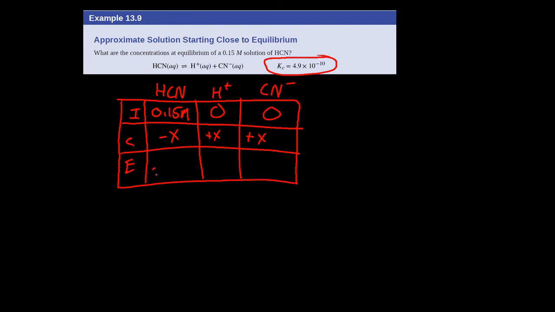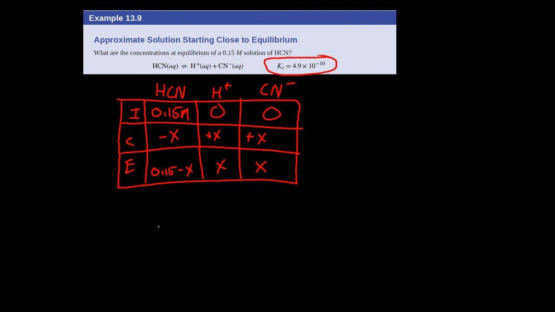And so we will end up with 0.15 minus X, X, and X. I'm going to tell you right now, we're using the X is small assumption, and it's going to be perfectly legitimate to use, because that is a minuscule K value and a decently large concentration. They are 9 orders of magnitude apart, so it's going to work out.